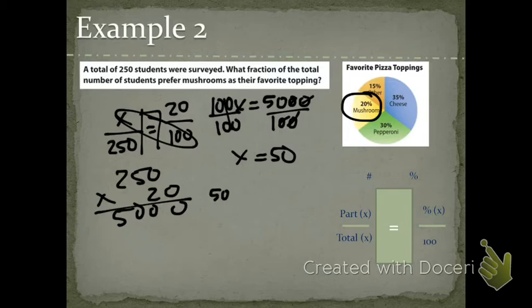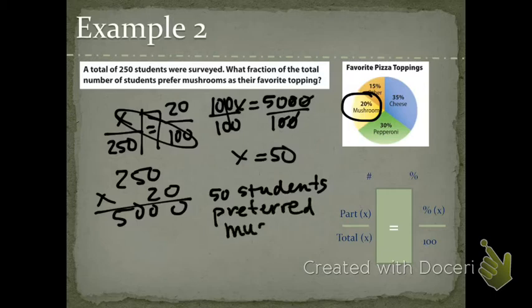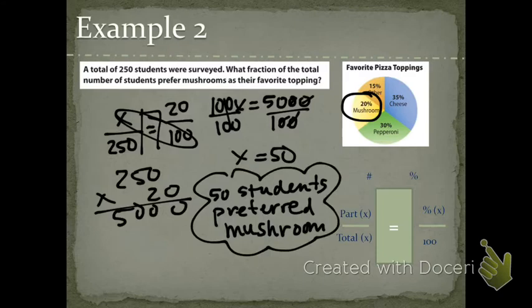So 50 students preferred mushroom. Okay, this time we didn't have to subtract because it didn't want to know how many more. Okay, we just wanted to know how many preferred mushroom.